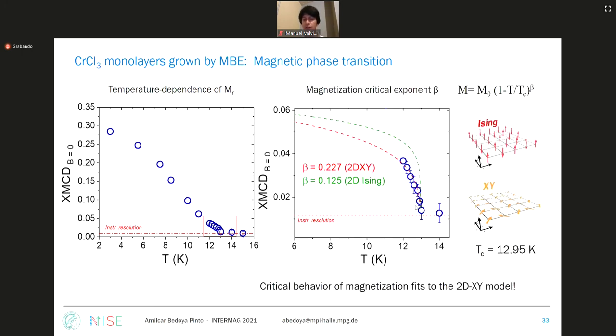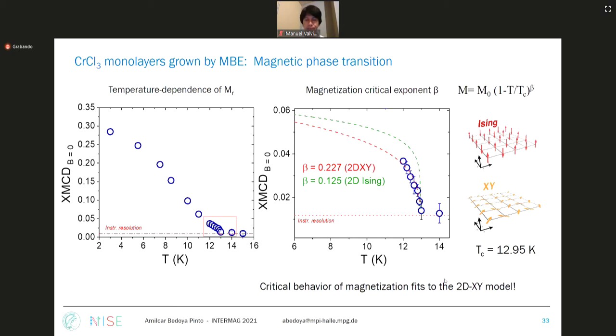We see that in the XY case, the data fits very well close to the phase transition, between 12 and 13 Kelvin. So that gives us more confidence that we already anticipated that it was not an Ising system, but here we have unambiguously proved with XMCD that we have this XY type magnet with a TC of around 13 Kelvin.